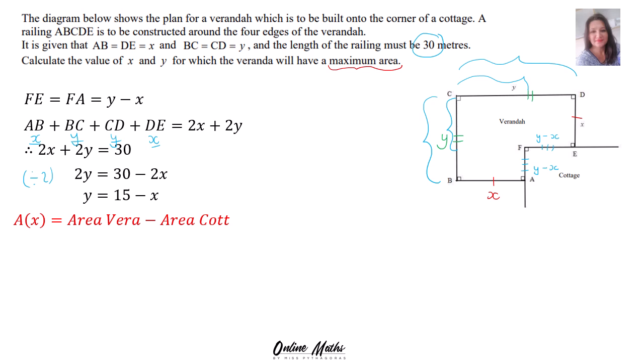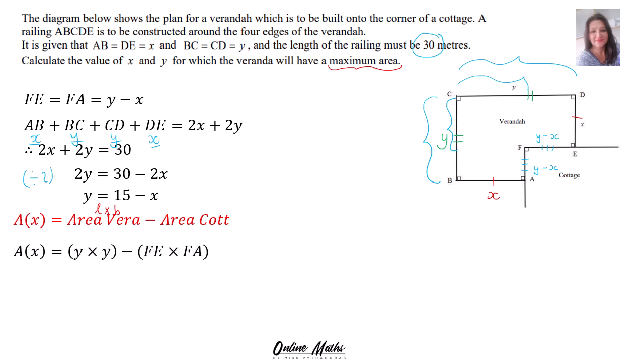Now, for the area, which is the area of the veranda minus the area of the cottage. Now, do you agree area is always, let's do it in red, length times breadth or length times width.